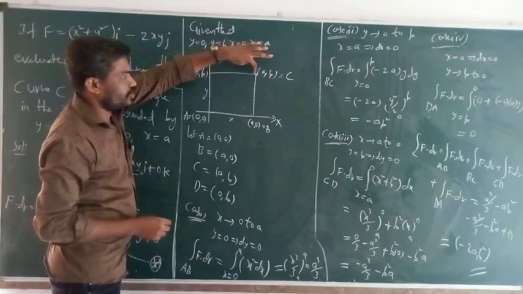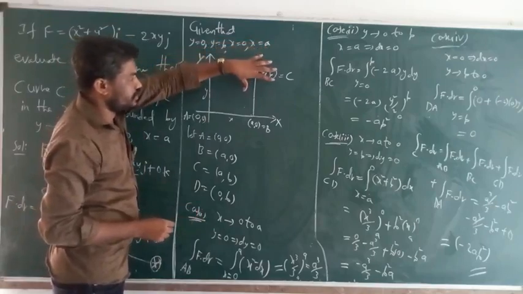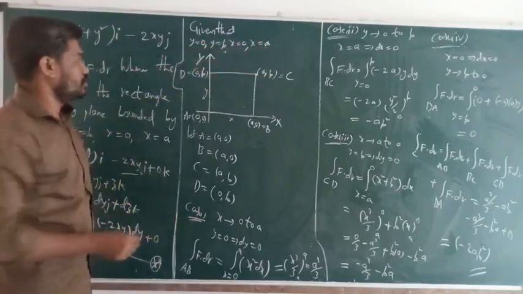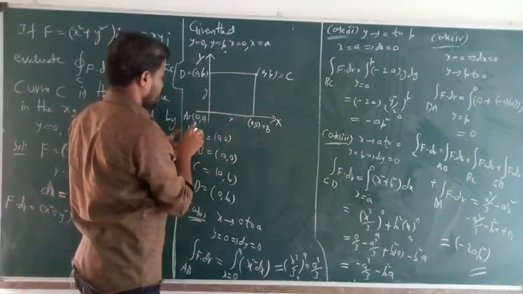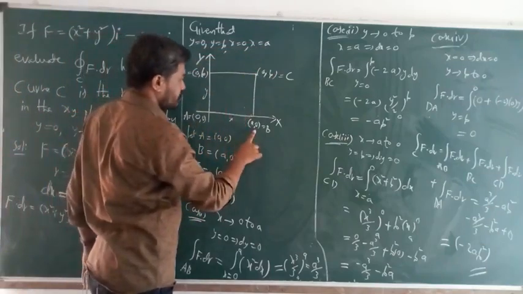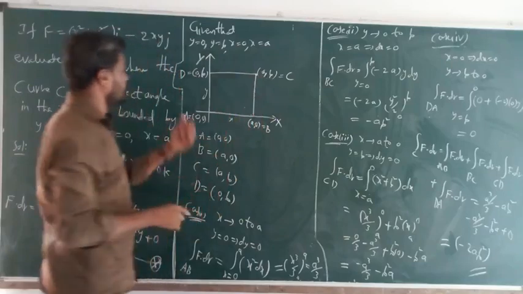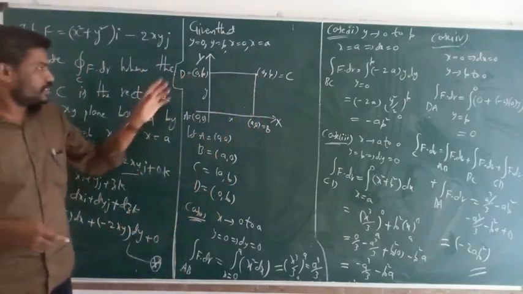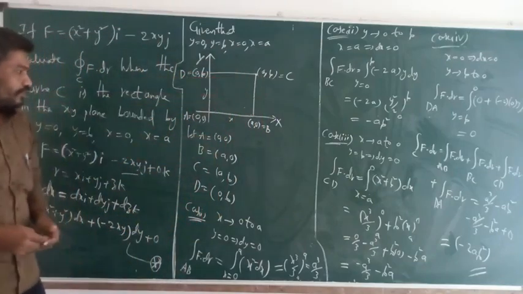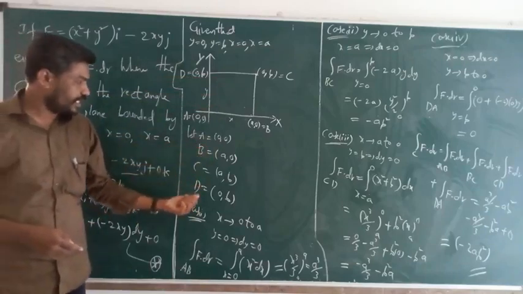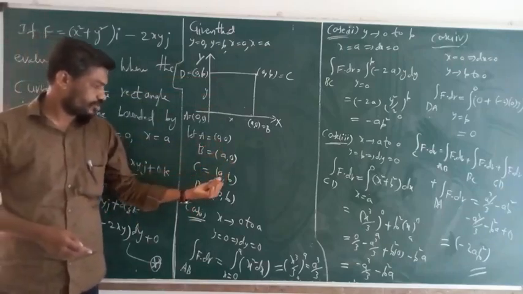So the final points are A = (0, 0), B = (a, 0), C = (a, b), D = (0, b). These are the four points A, B, C, D.